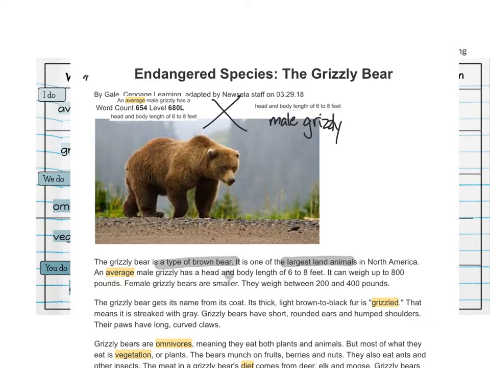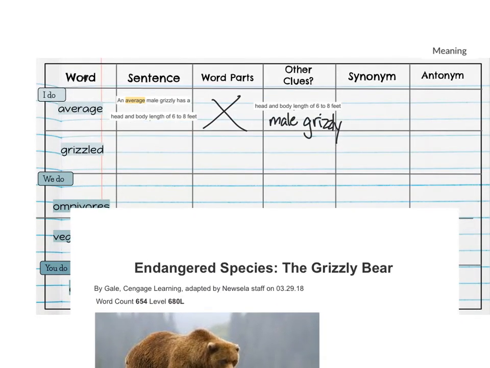Then it gives the specifics of its head and its body, its weight, and then it also compares it to female grizzly bears. So I'm thinking average might be a describing word. So I'm going to write describing here. These are all clues that can help me.